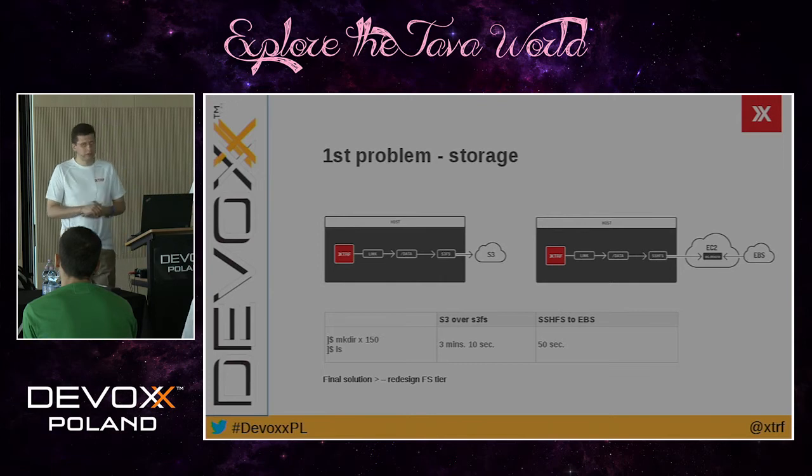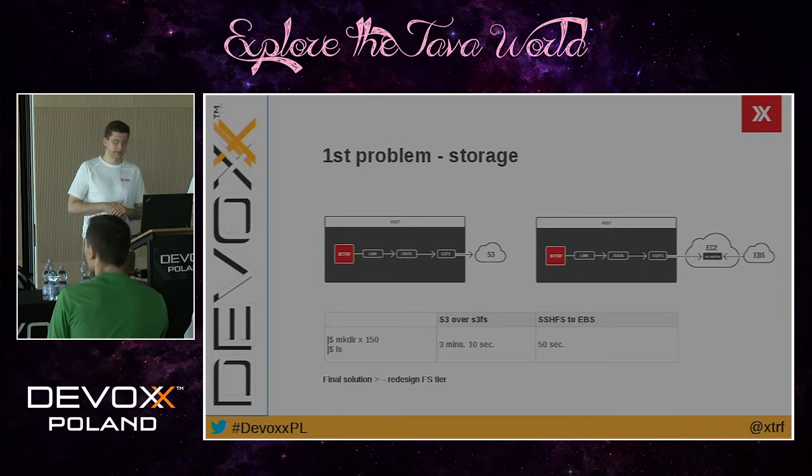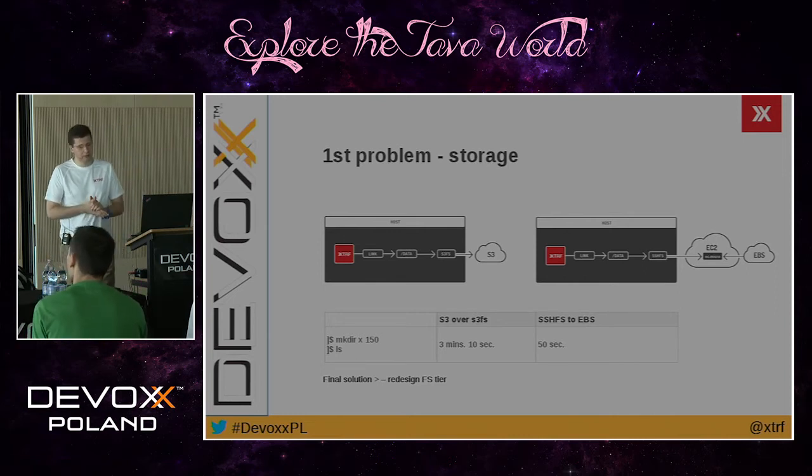So we tried to find something different. We managed to, let's say, overcome this problem a little bit. There's a different service provided by Amazon, EBS, maybe you have heard of it, that you can buy block devices as a service. Really nice idea.